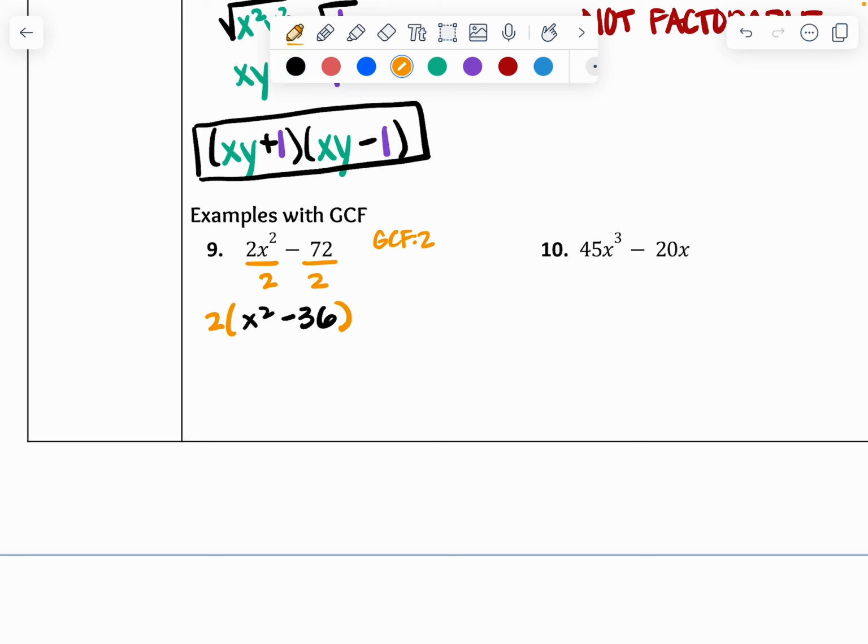And then after I factor out 2, I see I have a difference of squares. So now I can take the square root of x squared and the square root of 36. Now just don't forget that you have to bring down that 2 and make it part of your answer.